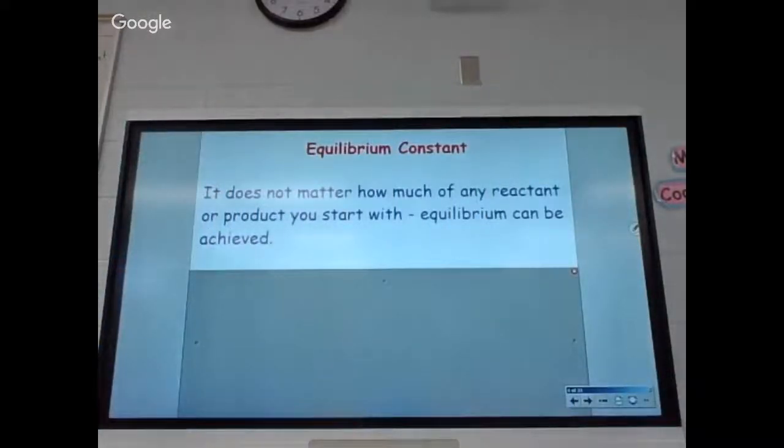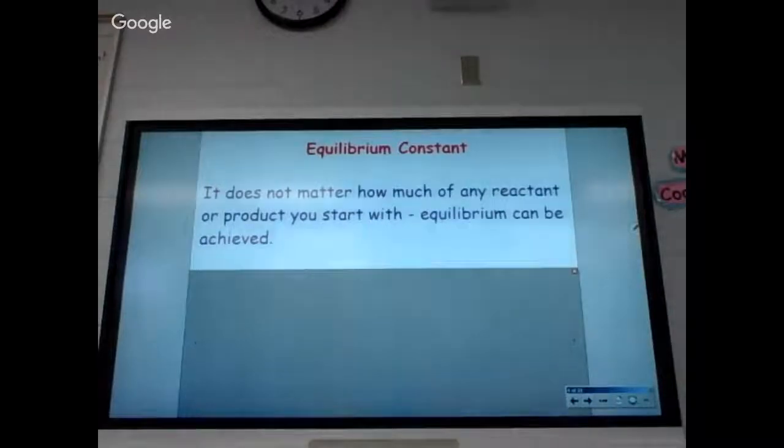All right, so we're going to learn to calculate an equilibrium constant. The nice thing about an equilibrium constant is it does not matter how much of any reactant or any product you start with. The amounts are irrelevant. That is why this one's an easy one to calculate.